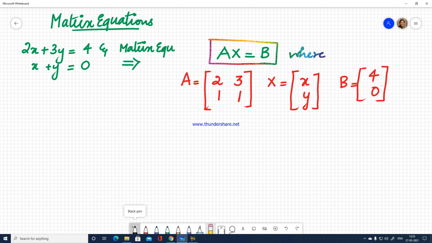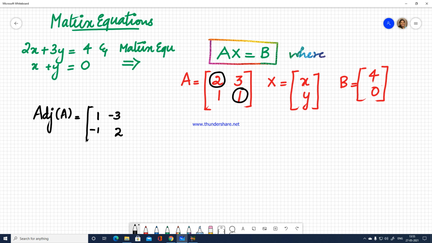First we'll find the adjoint of A. You need to interchange the first and last values, so instead of 2, I'll write 1, and instead of 1, I'll write 2. Then we change the signs of the other two, so positive 3 becomes negative 3 and positive 1 becomes negative 1. This is the adjoint of A.